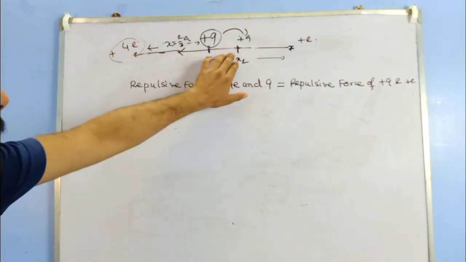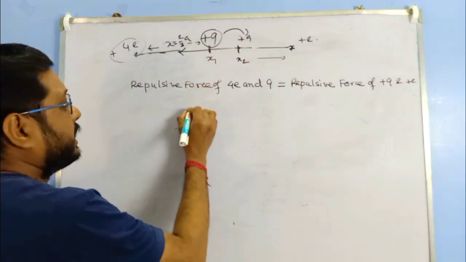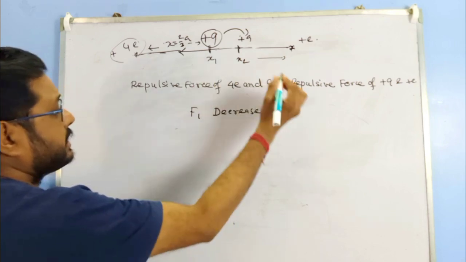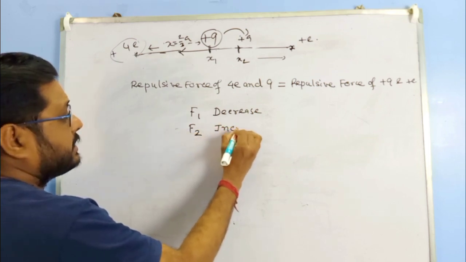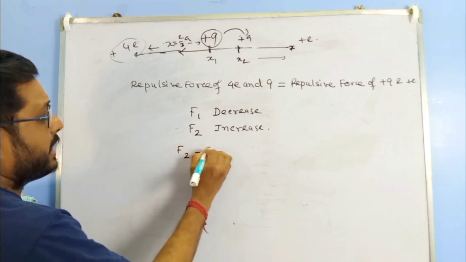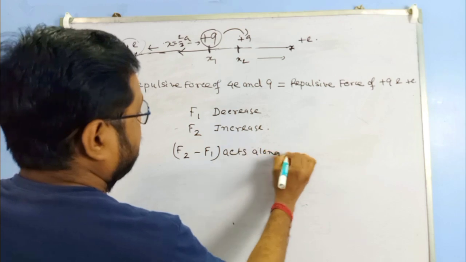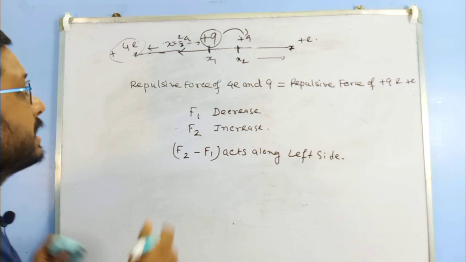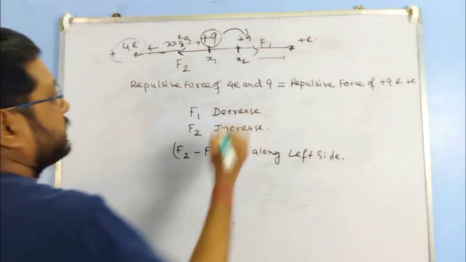The force F1, between 4e and q, will decrease because the distance increases, and F2 will increase as the distance decreases. So the net force F2 minus F1 acts along the left side, because the direction of F2 is along the left and the direction of F1 is along the right.